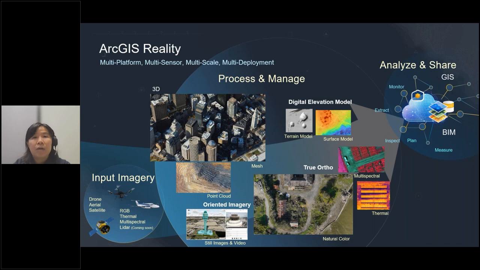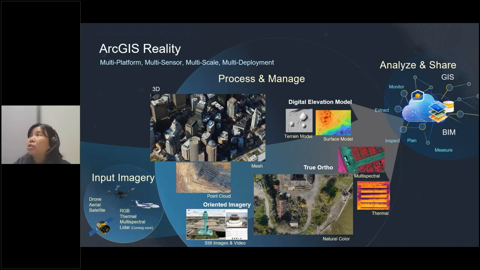ArcGIS Reality supports a variety of inputs, imagery captured from drone, aerial aircraft, or satellite using RGB sensors as well as thermal, multispectral, and soon LiDAR. It processes this data to generate 2D data products such as true orthos and digital elevation models, as well as 3D mesh and 3D point cloud.